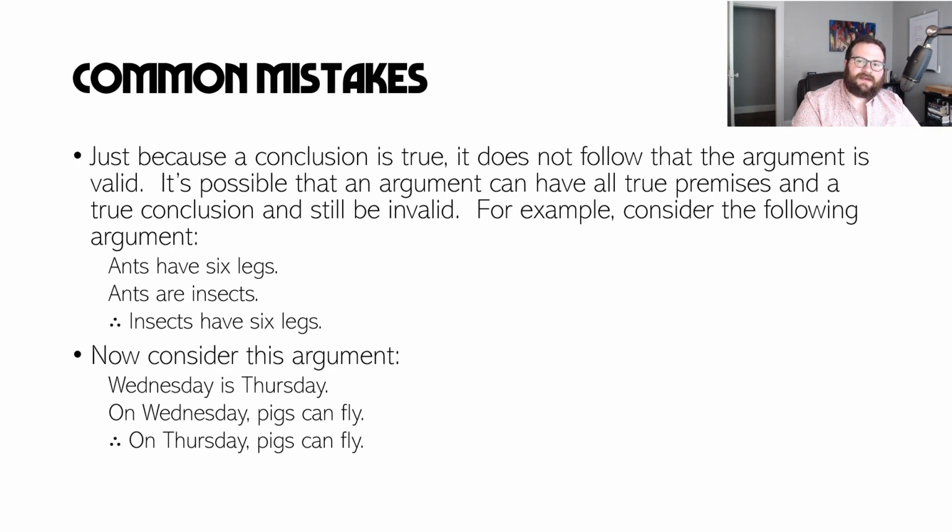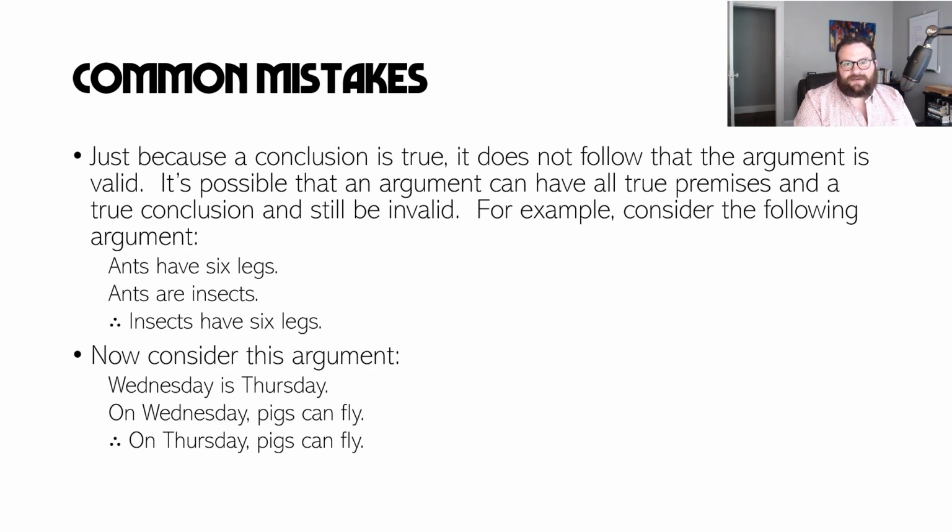So again, don't be confused here. Yes, these are independently unreasonable things to say. Nevertheless, the premises do support the conclusion. If these premises, unreasonable as they are, were true, the conclusion would have to be true. Let's assume it is the case that Wednesday is Thursday.